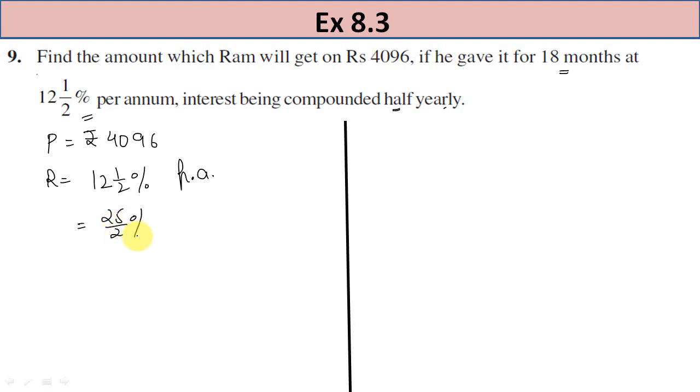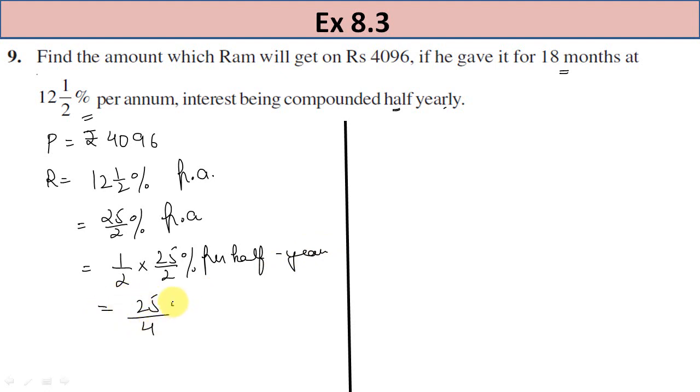Now let's convert it into half year. For that we have to divide by 2. Divide by 2 means we can also write 1/2 into 25/2% per half year. So this will become 25/4% per half year.